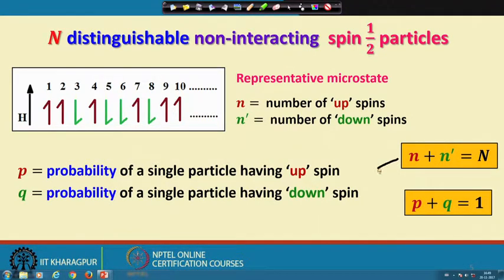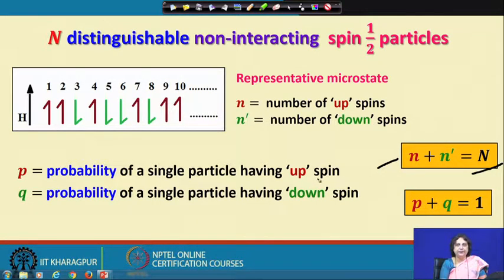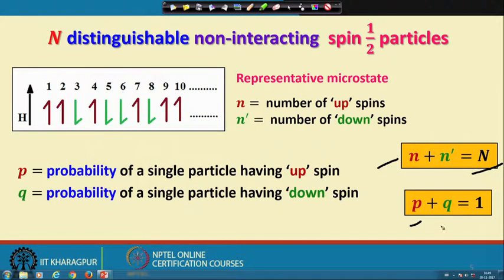First, the number of up spins plus the number of down spins must add up to the total number of particles N. Similarly, since there are only two options for a given spin, I must have p plus q equal to 1. So, this is the normalization condition.